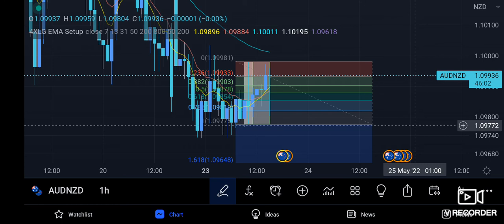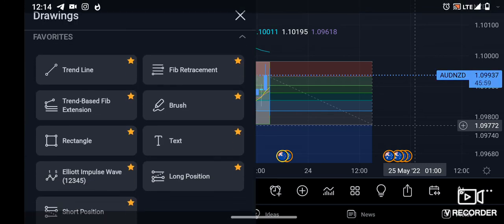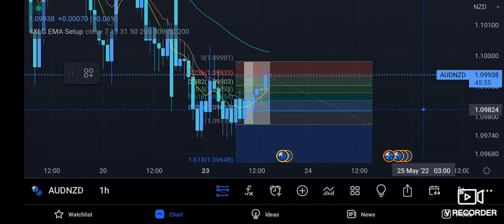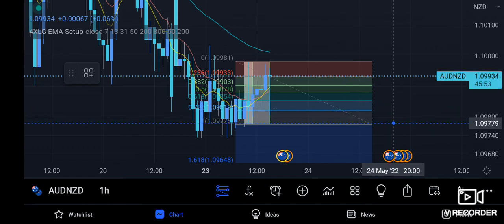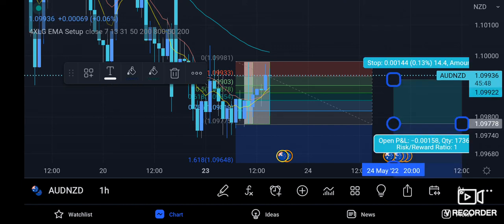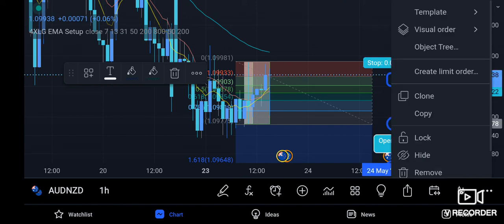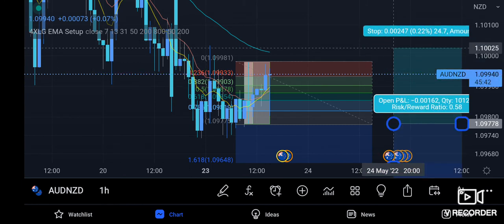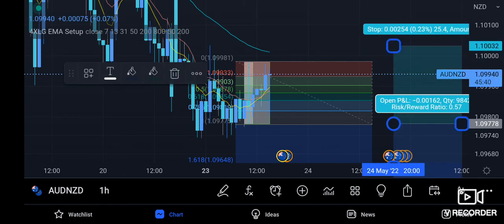So I'm going to go to my short position tool, since we're going to sell. Bam. Now we're going to go to that previous high that we mentioned earlier, which is about right here.